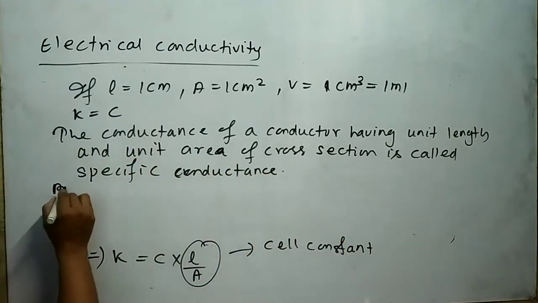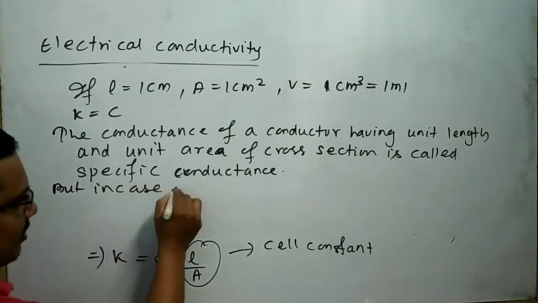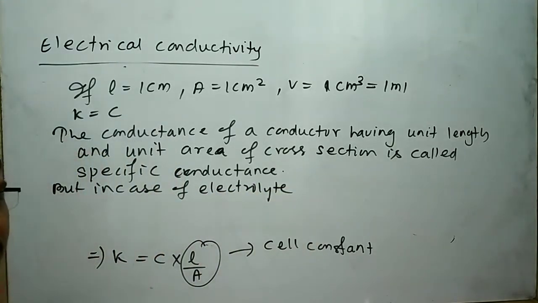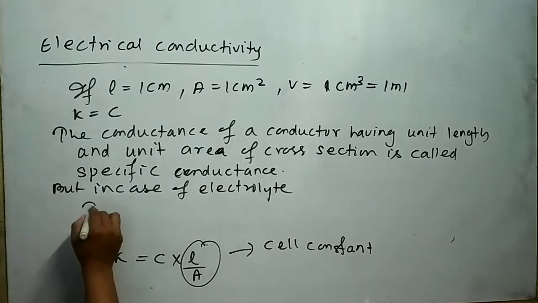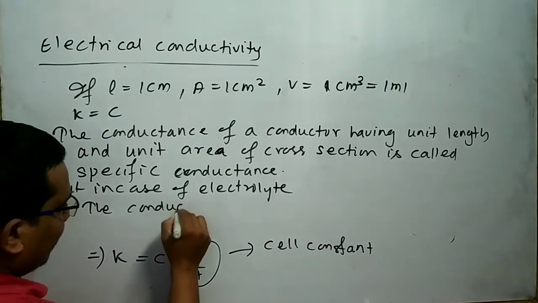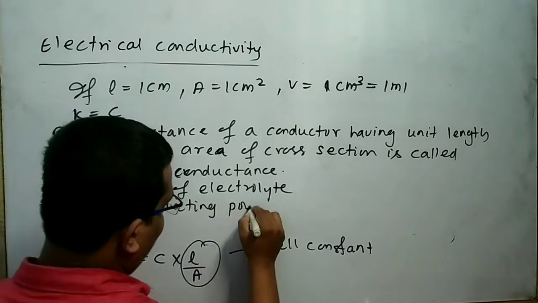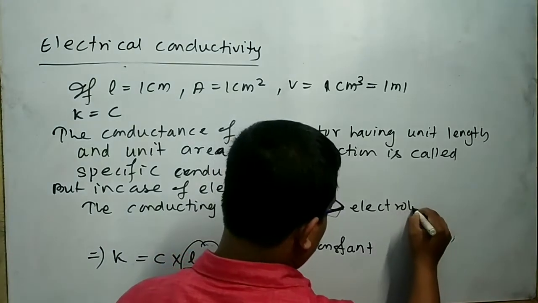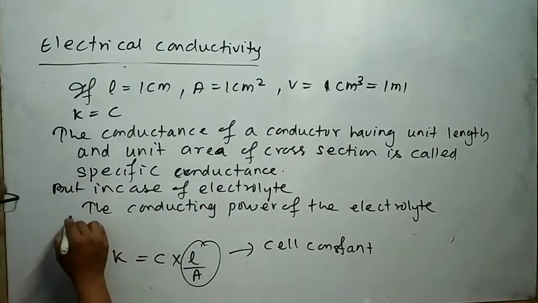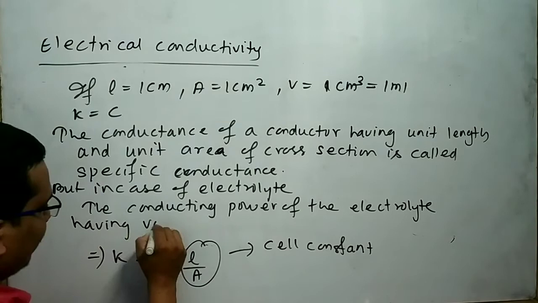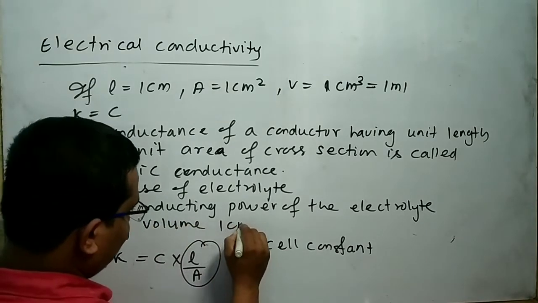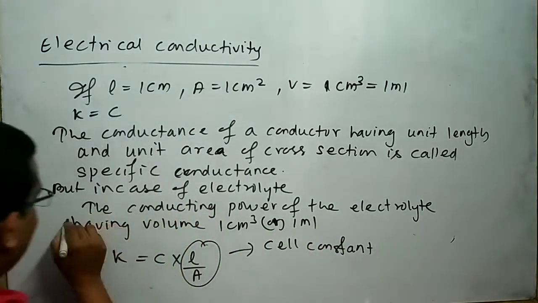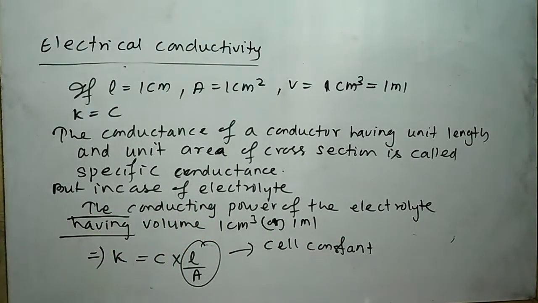specific conductance. But in case of an electrolyte, the specific conductance may be defined as the conducting power of the electrolyte having volume 1 cm³ or 1 ml. This is called specific conductance.